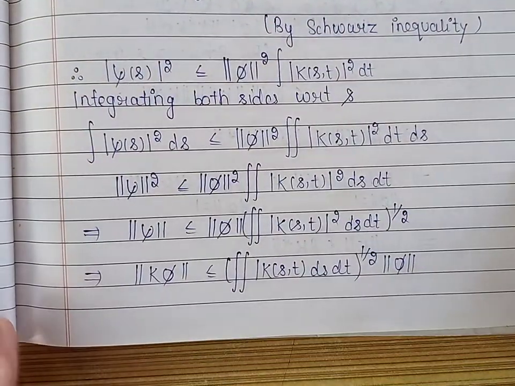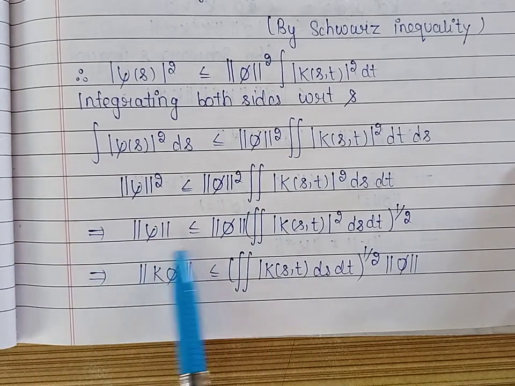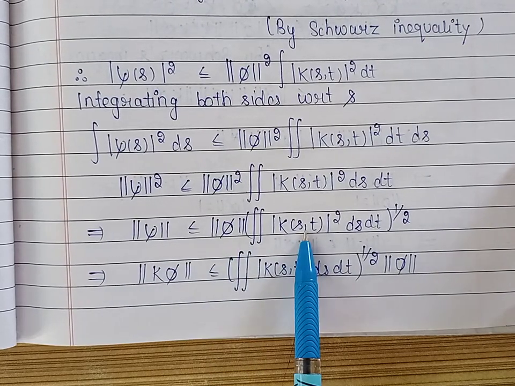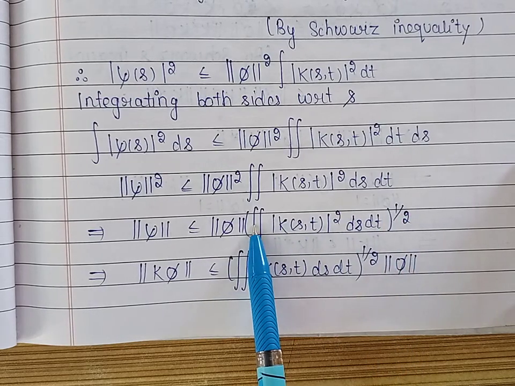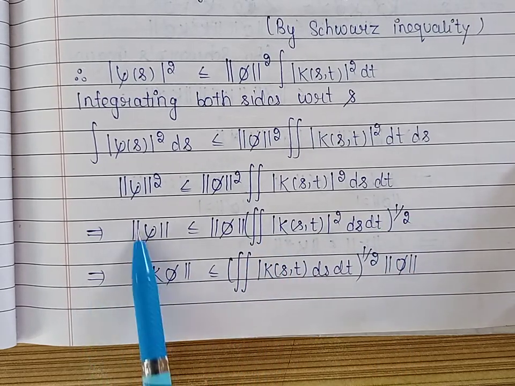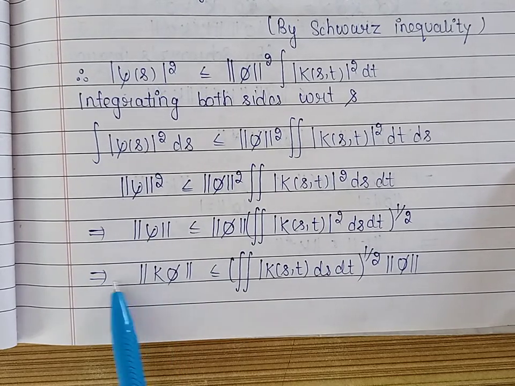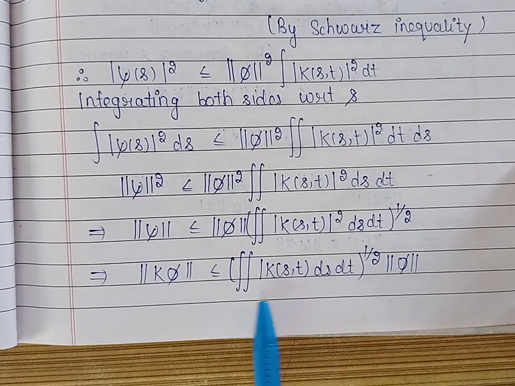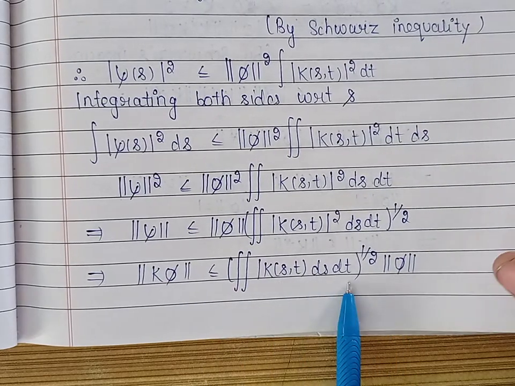So taking the positive square root on both sides, we get the norm of psi is less than or equal to the norm of phi times the square root of the double integral of |K(s,t)|^2 ds dt. Now substituting the value of psi as K phi, this will become the norm of K phi is less than or equal to the norm of phi times the square root of the double integral of |K(s,t)|^2 ds dt.